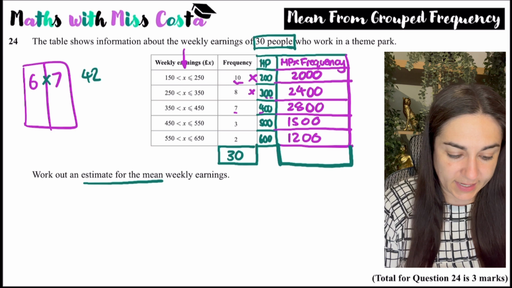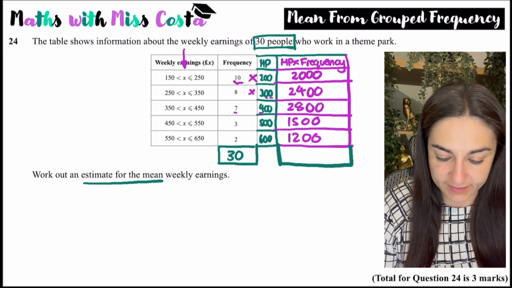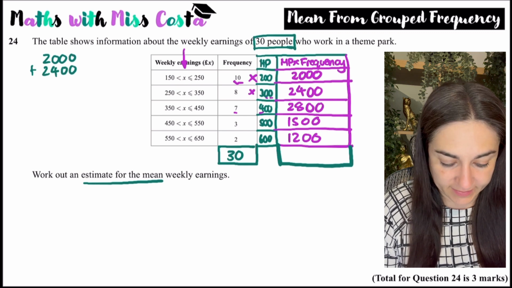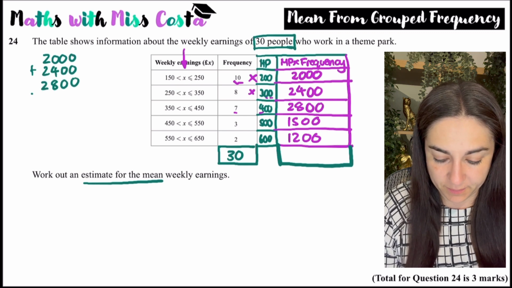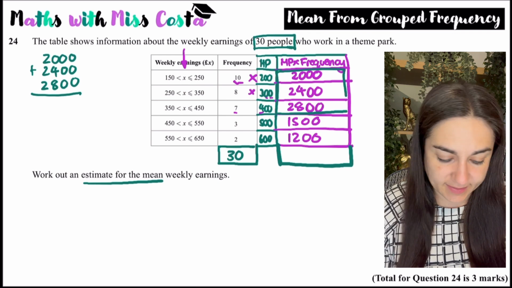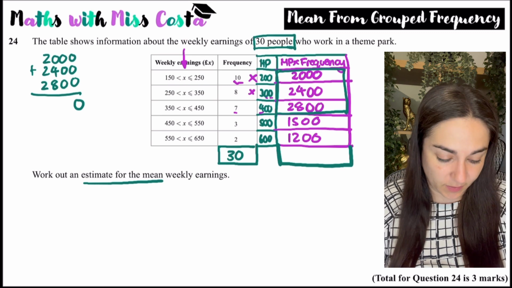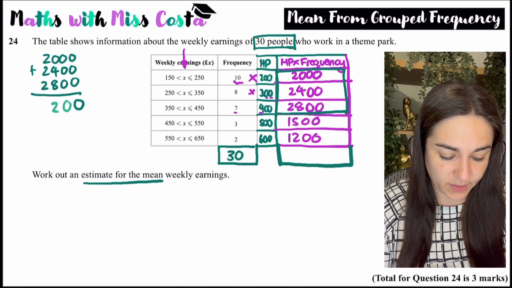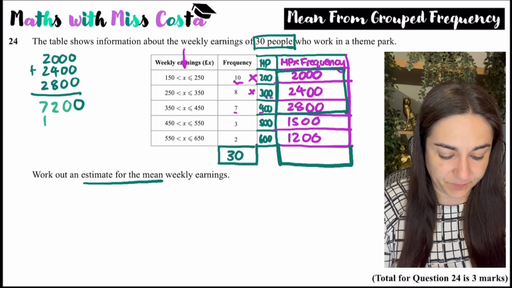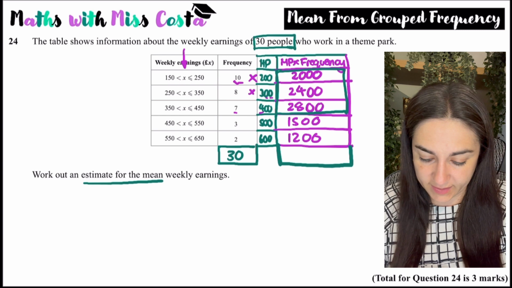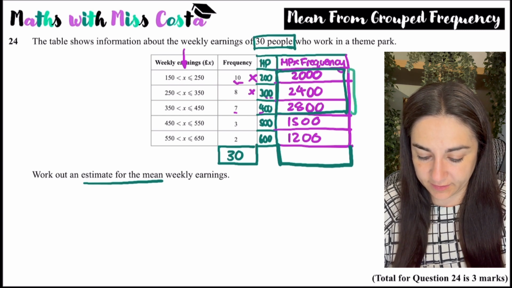But what I want to do is work out the total earnings. So I've got 2,000 plus 2,400 plus 2,800, and I might just do this bit by bit. So let's just do this addition first, so it doesn't get too confused. So that's 0, 4 plus 8 is 12, 6 plus 1 is 7. So that's 7,200. So then I know that all of this is 7,200.